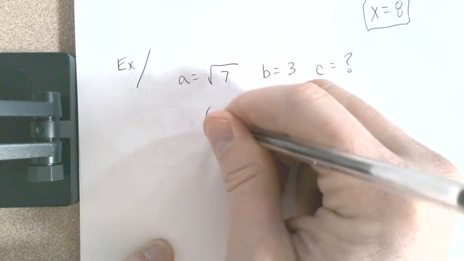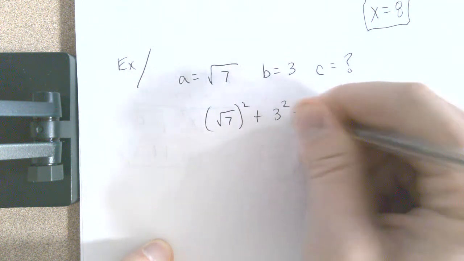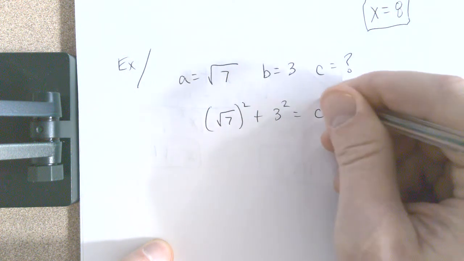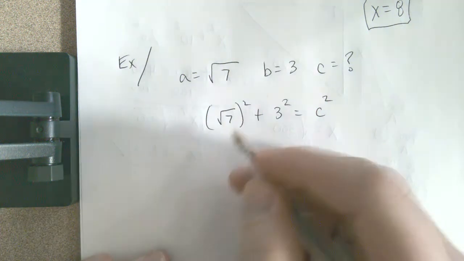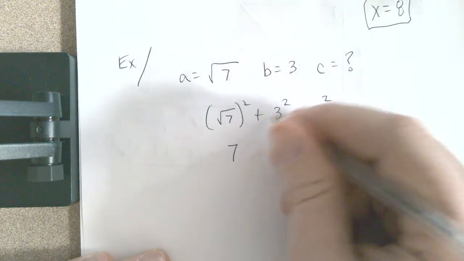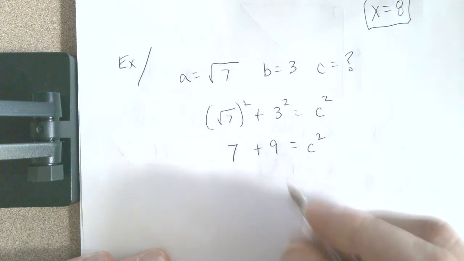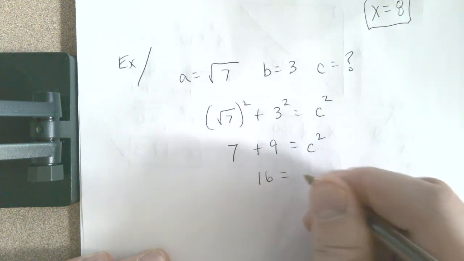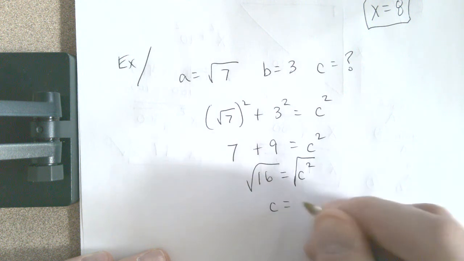So if I've got the square root of 7 squared plus 3 squared equals C squared. Well, the square root of 7 squared is going to be 7. 3 squared is 9. 7 plus 9 is 16. If I take the square root, hopefully here you got C to be equal to 4.